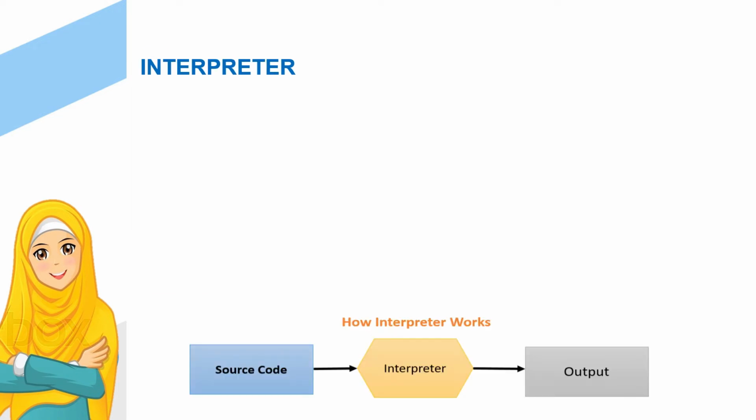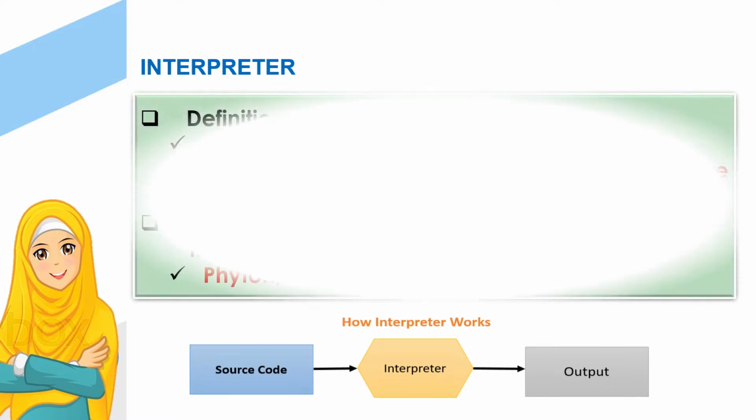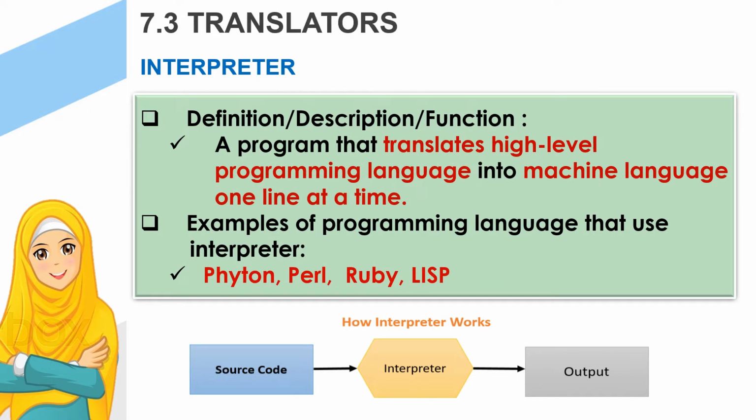Next, look at the second type of translator, iaitu interpreter. Interpreter is defined as program that translates high-level programming language into machine language one line at a time.